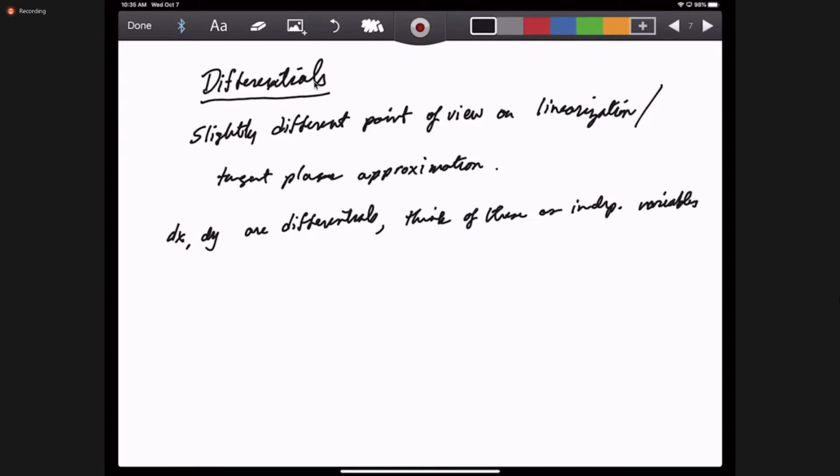And we can look at the differential dz as fx of a,b dx plus fy of a,b dy.